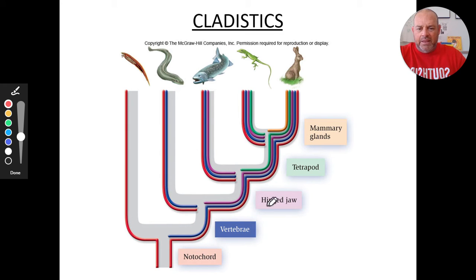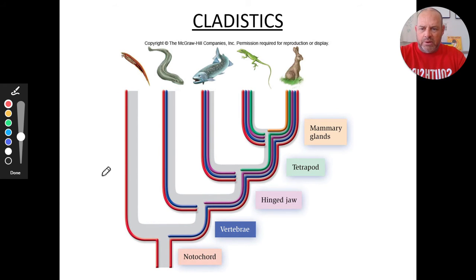And then you have the hinged jaw, so we've got another kind of fish up here, and he's got all three of these things. And then you have the tetrapod feet. And so you have some sort of reptile or lizard here, and then you have mammary glands being added. So only the little bunny right here has the mammary glands, but it also has all of this other stuff. So that kind of shows you one way to do a cladogram.